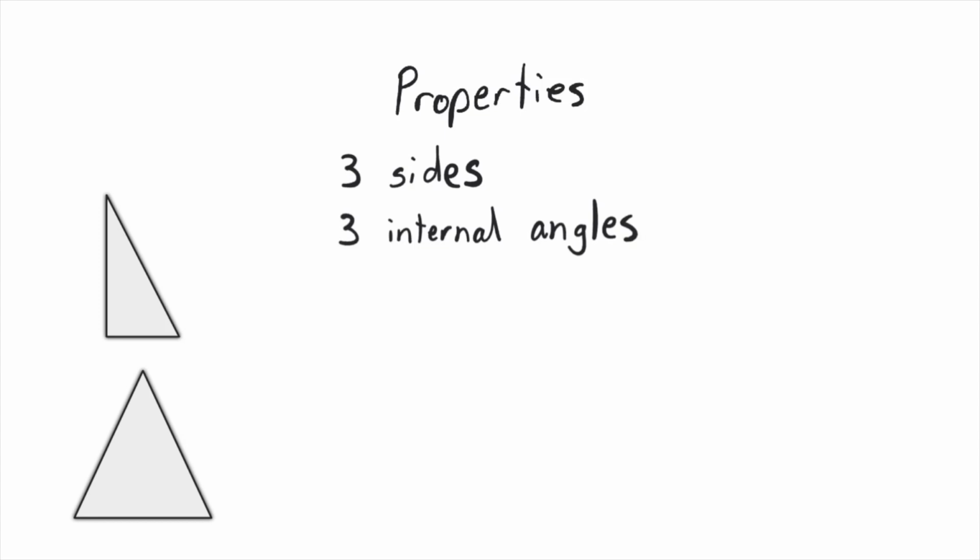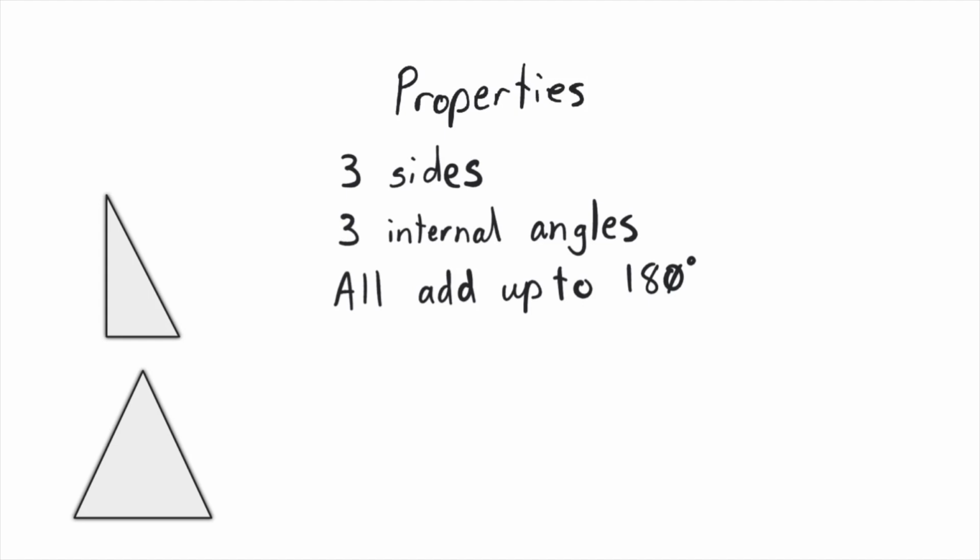And one of the really special properties of these internal angles is that they all add up to 180 degrees. And it really doesn't matter what shape the triangle takes.